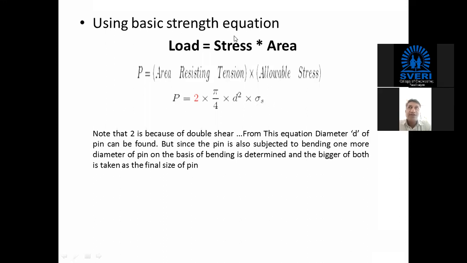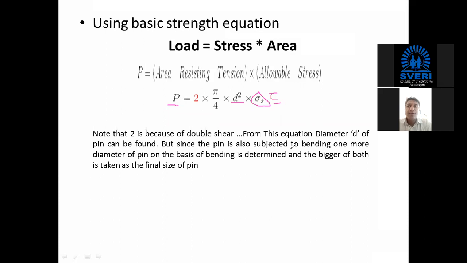Now here, instead of tau, sigma suffix s is used for the shear, but we'll use our normal nomenclature as tau. From this you can calculate the diameter of the pin. If the allowable shear stress and applied force are known, then we can calculate the diameter of the pin which will sustain this applied force for the given material.